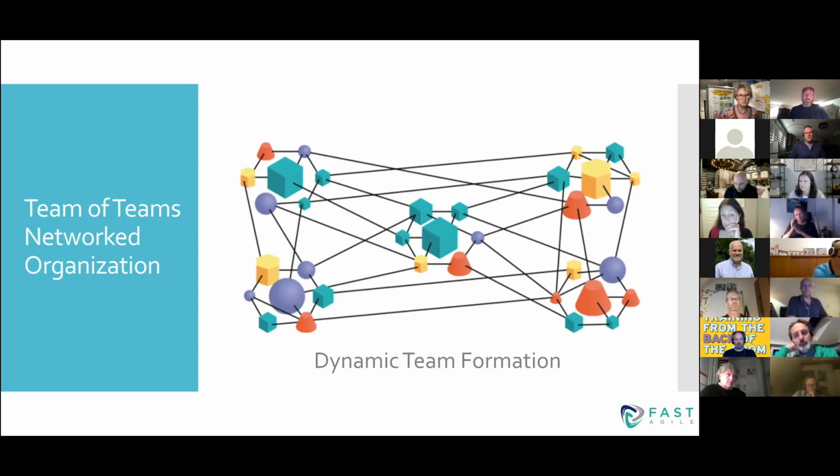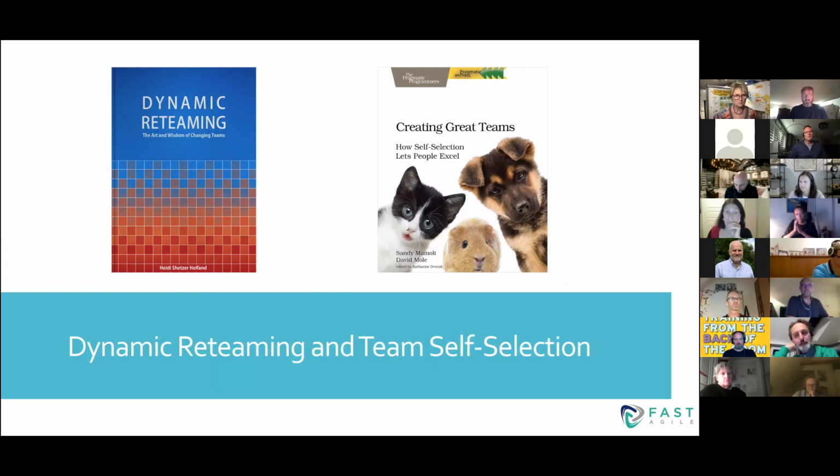Not a new concept. There's a great book by Heidi Helfand, the one on the left there, which I really recommend. I enjoyed that book a lot, and everything in there, I'm like, yes, this is what's happening in FAST. We're doing dynamic reteaming over and over. Not only that, we're self-selecting into teams. There's no chess master that says this person should be in that team.